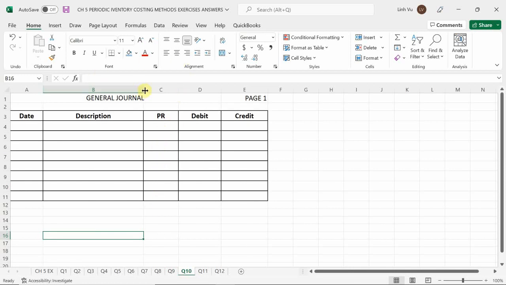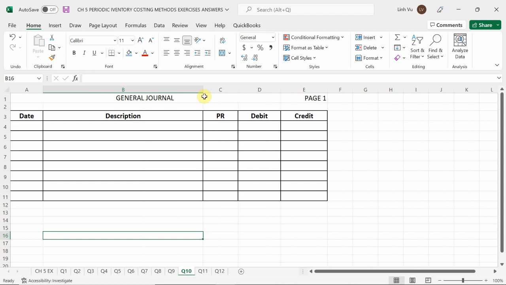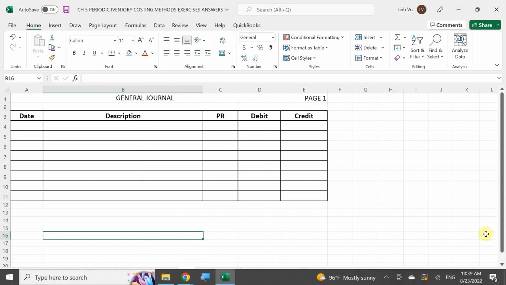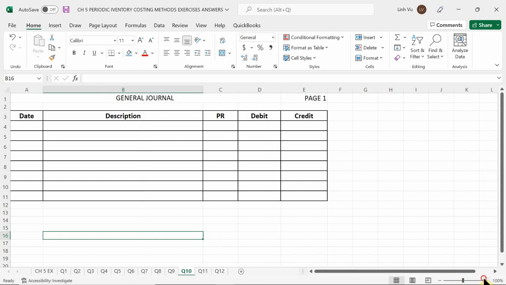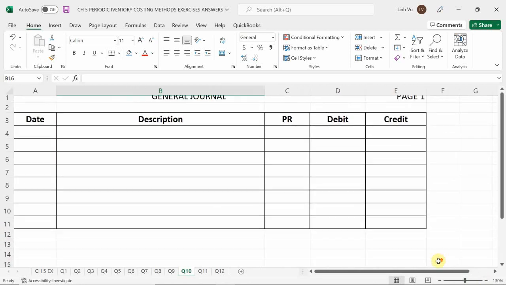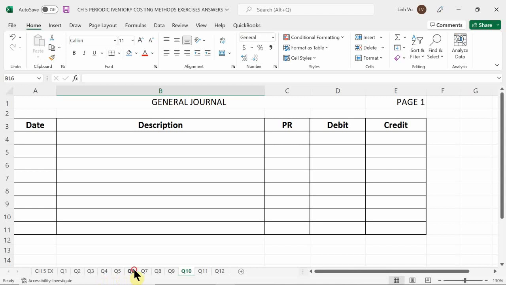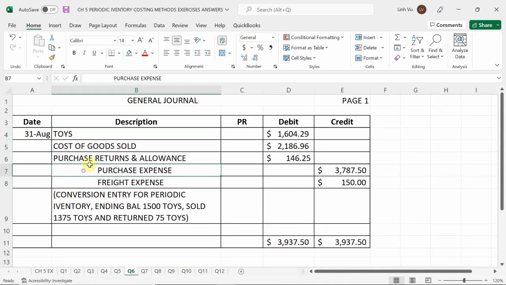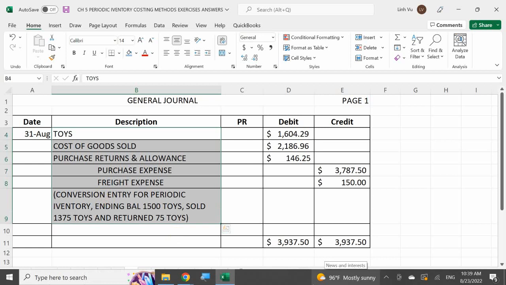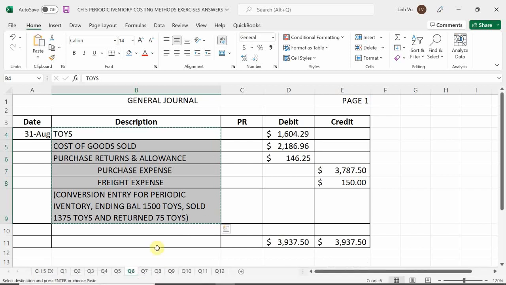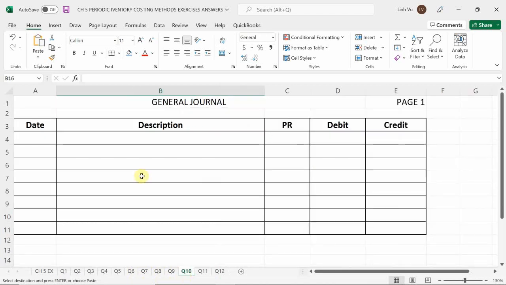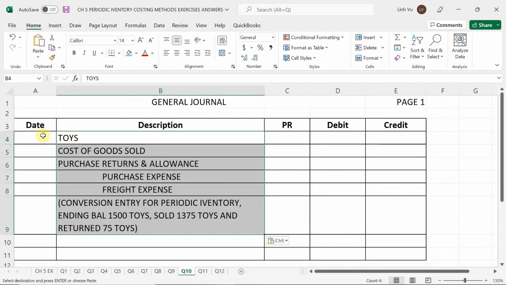So what am I going to be recognizing? Okay, this one is Toys. Cost of goods.